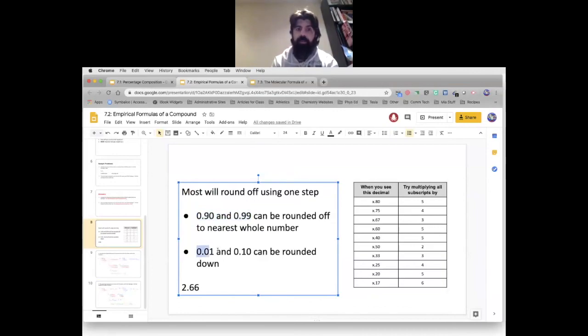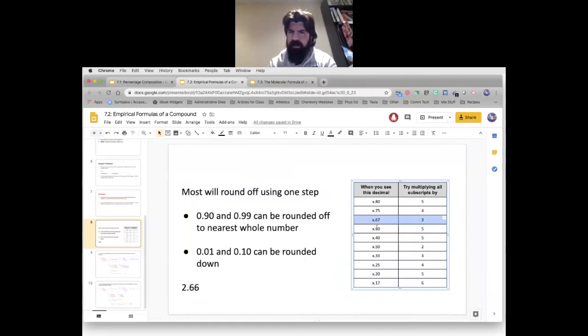If it's between 0.01 and 0.1, it could be rounded down to the nearest whole number. 2.66 is way off from rounding it up, and way off from rounding it down to 2. So we need this table here, and this coefficient, 2.66, lies right here, at times 0.67. Okay, it's close enough. So it means that we have to multiply both of our atoms by 3 to get a proper empirical formula.